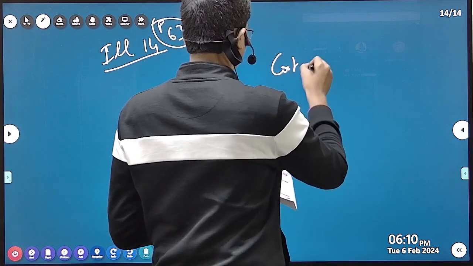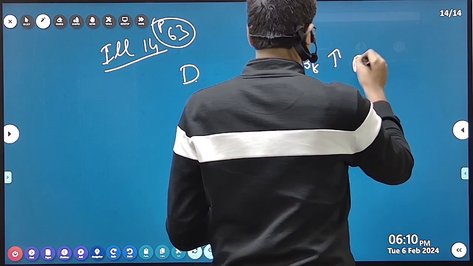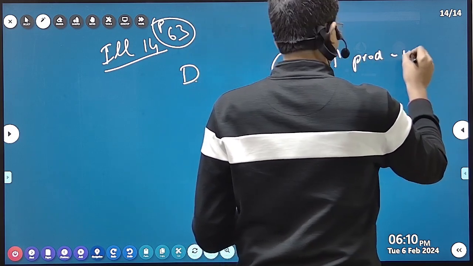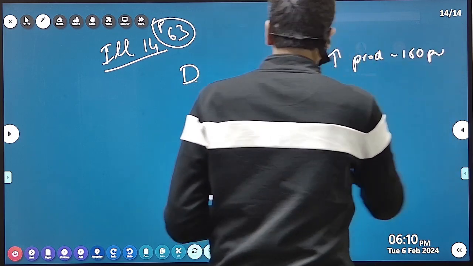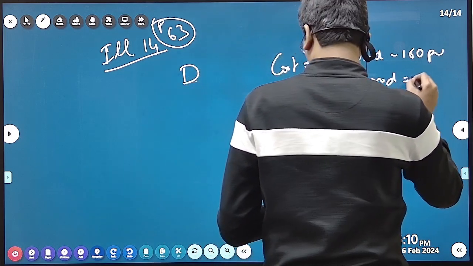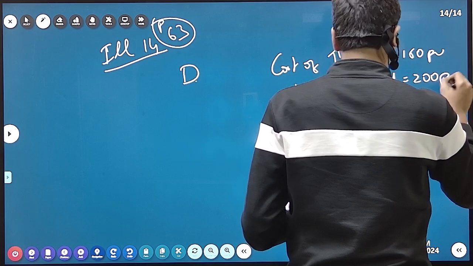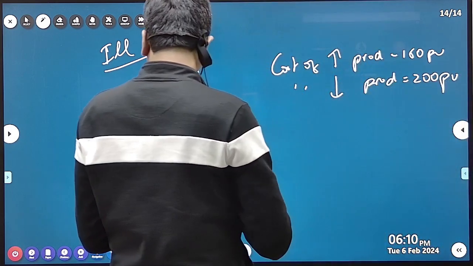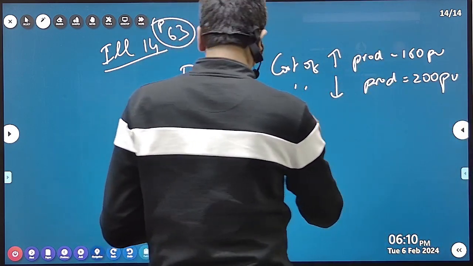He has given us the cost of increase of production, that is 150 per unit. Cost of decrease of production, okay, that is 200 per unit, right? And he has given carrying cost.